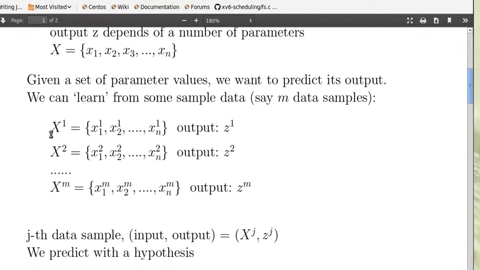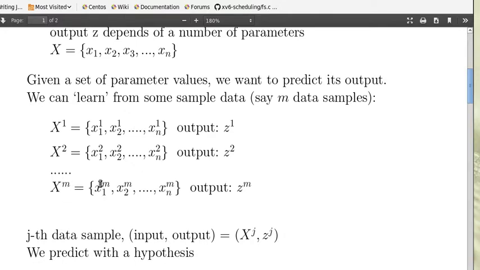So we denote these data samples using this notation. x1 consists of parameters x11, x21, up to xn1, and the output value is z1, and x2 consists of the values of these parameters x12, x22, xn2, and their output is z2, and so on.